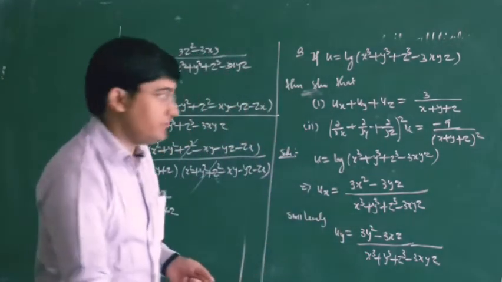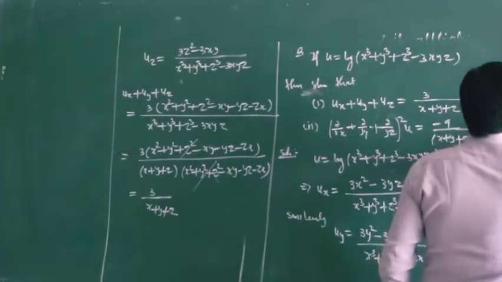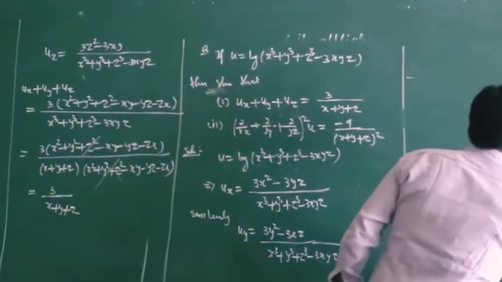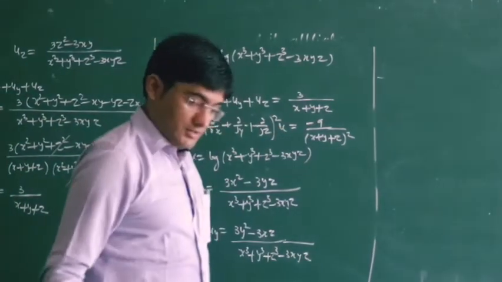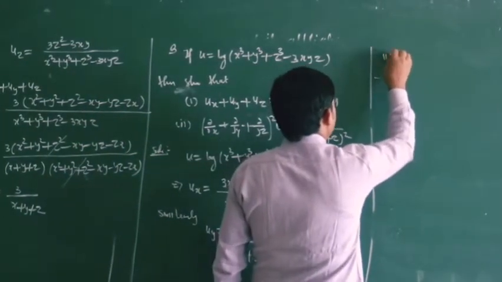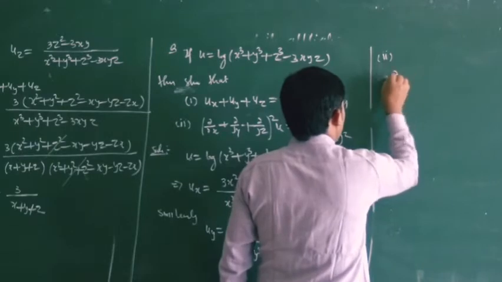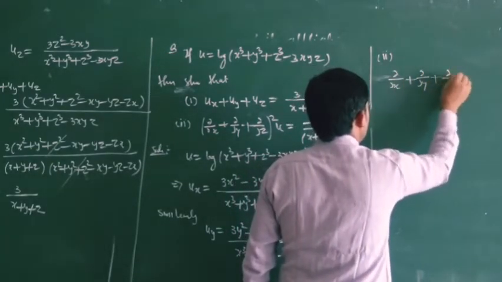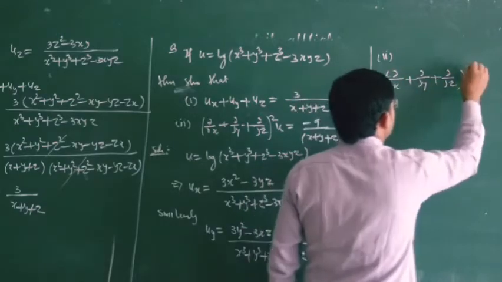Now for the second part, your second part is del upon del x plus del upon del y plus del upon del z whole square of u.